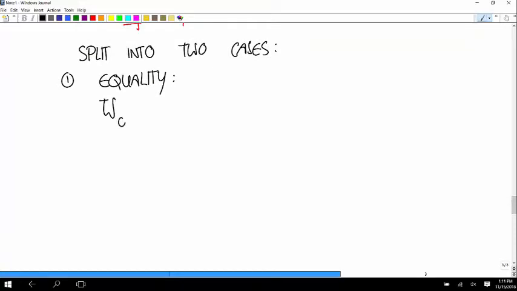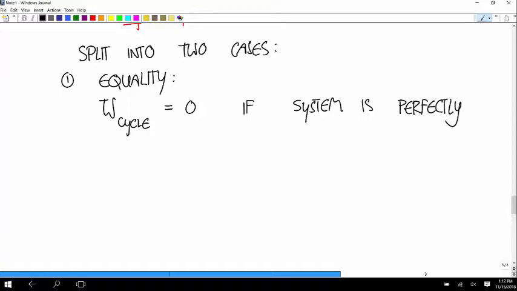So the work done over a cycle is equal to zero. The system is perfectly efficient in some way. And so we're going to talk a little bit about what that means. What does it mean for it to be perfectly efficient?